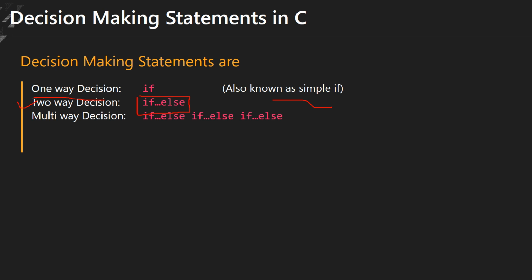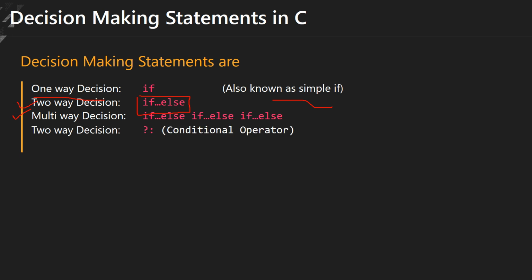Another is the multi-way decision. I need to check multiple conditions in my program, so you use the else if ladder. In every block you check the condition, then execute the particular block based on the condition.